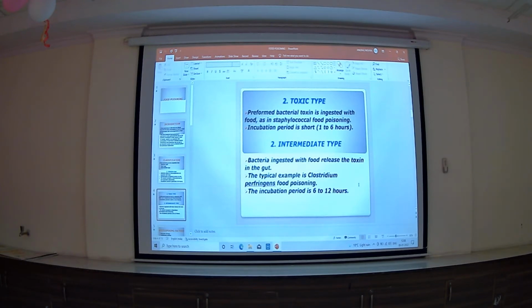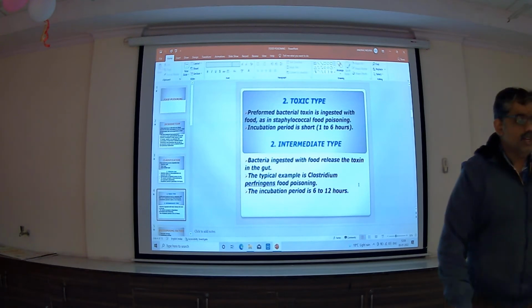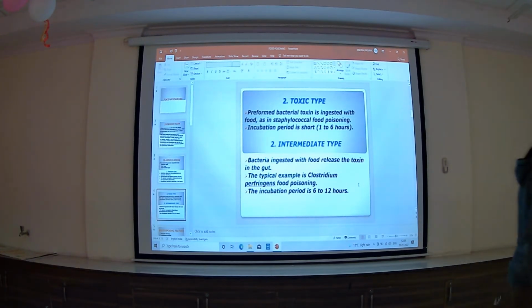In toxic type, preformed bacterial toxins are ingested in food, and typically it is seen in staphylococcal food poisoning. The incubation period being from 1 to 6 hours.